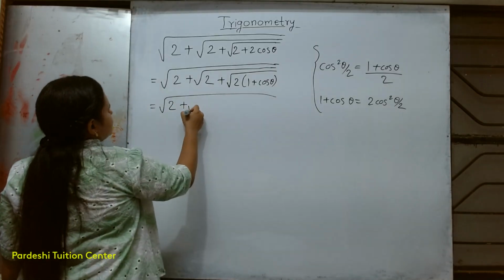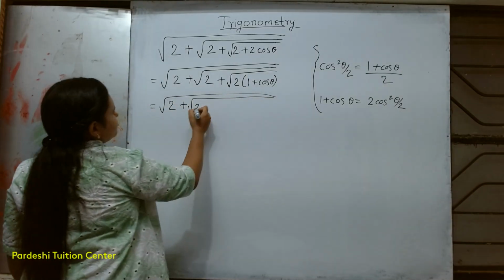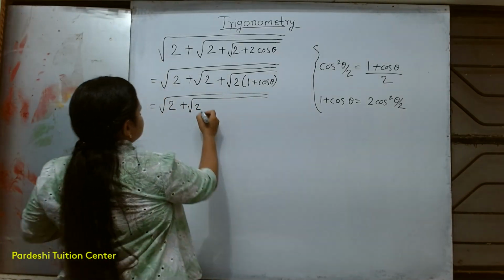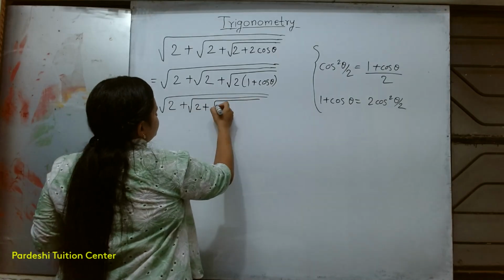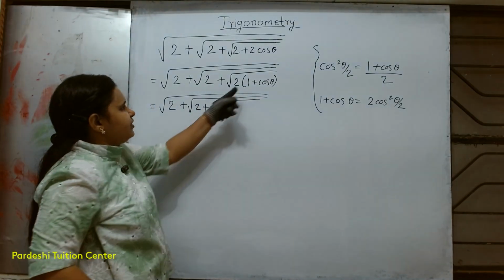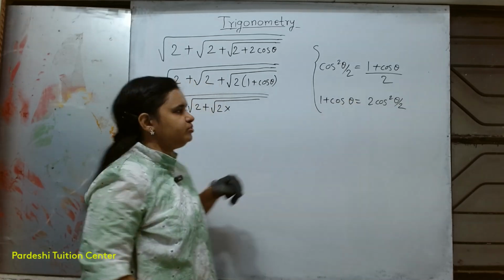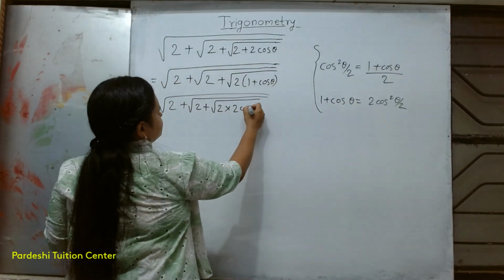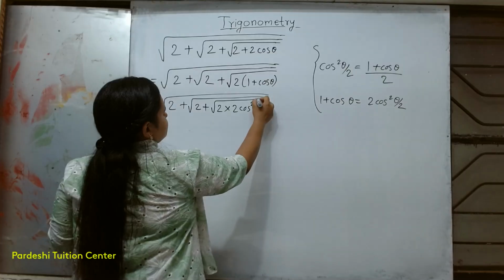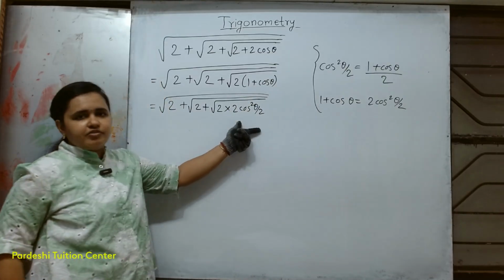So it will be under root of 2 plus under root of 2 plus under root of 2 into 1 plus cos theta. We have calculated 1 plus cos theta as 2 cos square theta by 2; we have just put in this value.